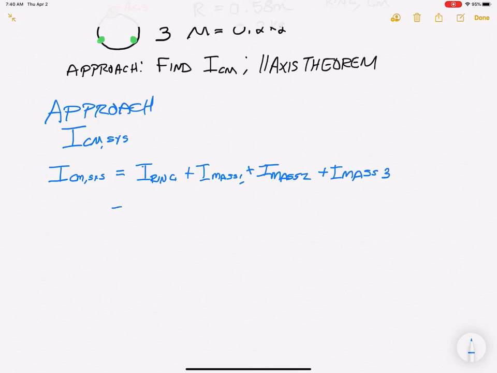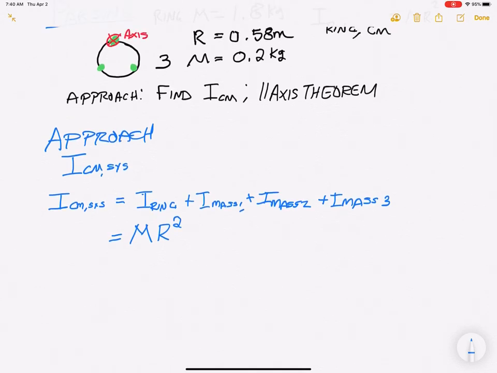So we looked up the mass of the ring already. It was the mass of the ring, the radius squared. Each individual mass coming from the center of the ring is located on the ring and just adds its own self to it.